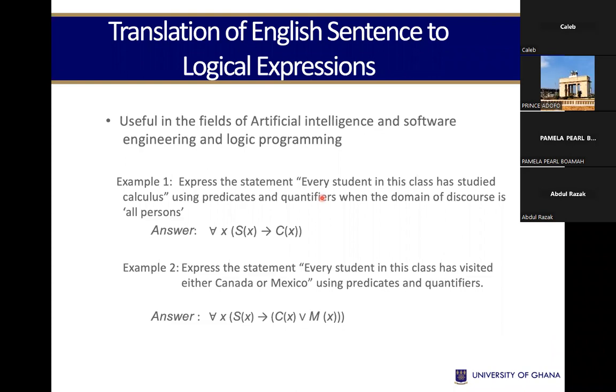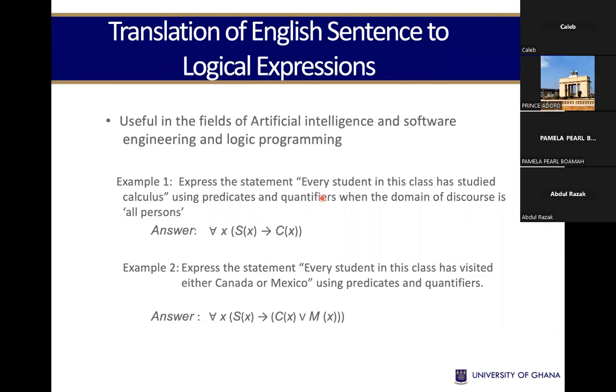So it is your ability to decipher that the whole statement, aside from the every, which deals with the quantifier, is not a single atomic statement. Rather, you're looking at two different statements: the student is enrolled in a class as one atomic statement, and the student has studied calculus as another atomic statement.